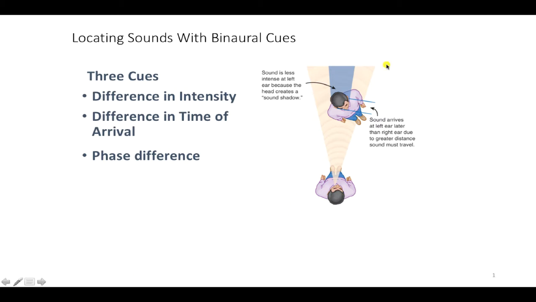And so here in this picture we have a demonstration, and the speaker is basically to the right of the listener, the recipient of the sound. As a result, the right ear is receiving the auditory information at a slightly louder volume, because we all know that as a car, for example, or an airplane goes away from us, its sound diminishes.